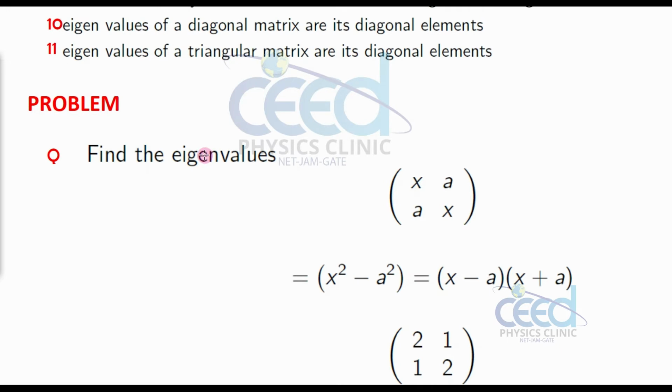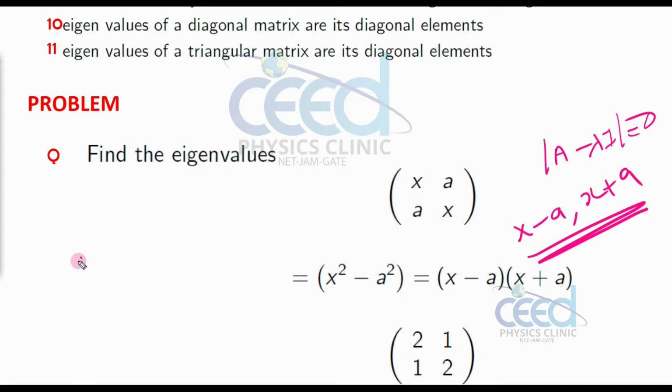Suppose you have a question like this. This is the first question: find the eigenvalues of the matrix with X, X on the diagonal and A, A off the diagonal. That means if you have a 2 by 2 matrix like this, where the diagonal elements are equal, you can directly say, instead of calculating determinant of A minus lambda I equal to 0, that its eigenvalues are X minus A and X plus A. For example, if you have the matrix 1 1 and 2 2, what are its eigenvalues?